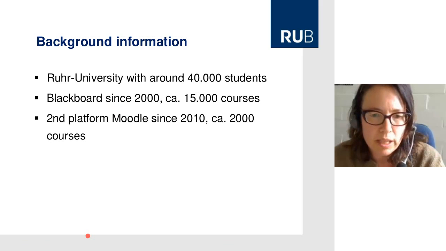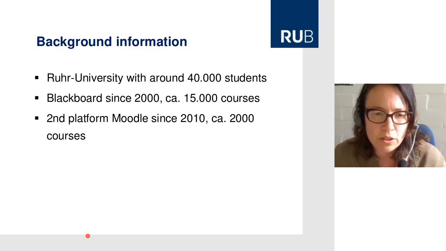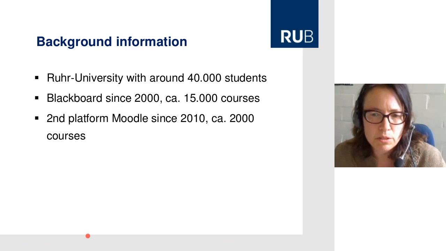The first one, Blackboard, for quite a long time already, for 15 years, and we have around 15,000 courses, which doesn't mean that they are all active, but that's quite a bit. And 5 years ago, we also introduced a second platform, Moodle, which runs quite well and has around 2,000 courses right now.